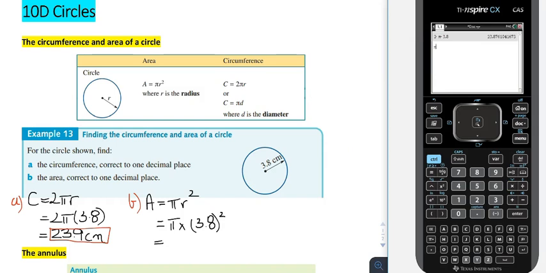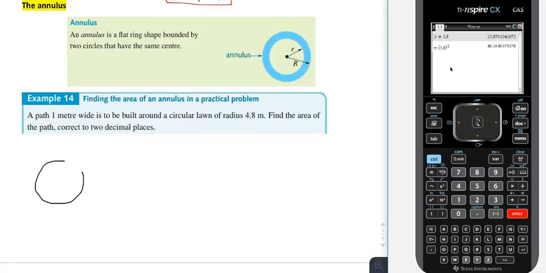So select pi times 3.8 squared, and I get out 45.36, which I'm going to round to 1 decimal place, so it's 45.4 centimeters squared. Make sure you've got those units right in there. Red box my answer, and that question's alright.